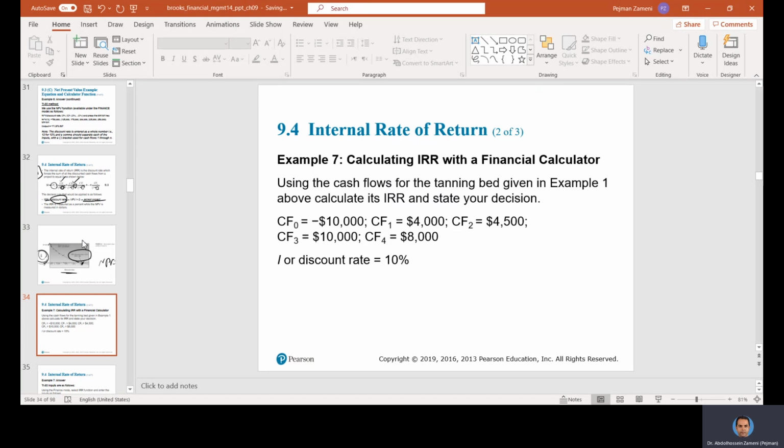Okay, it says that using the cash flows for the tanning bed given in example 1 above, calculate the IRR and state your decision.